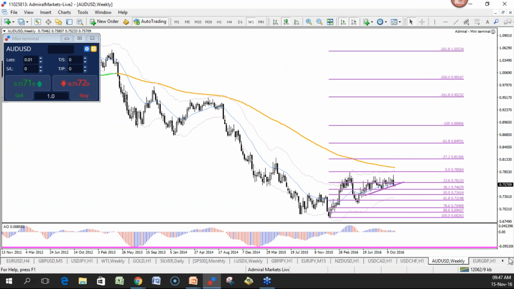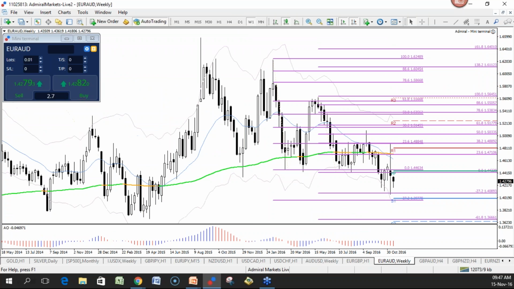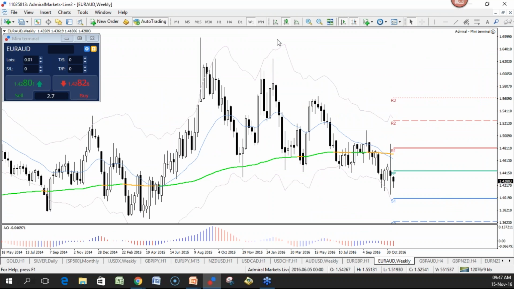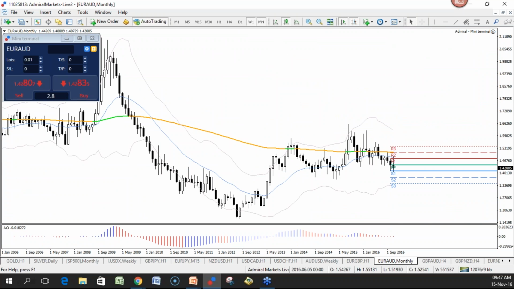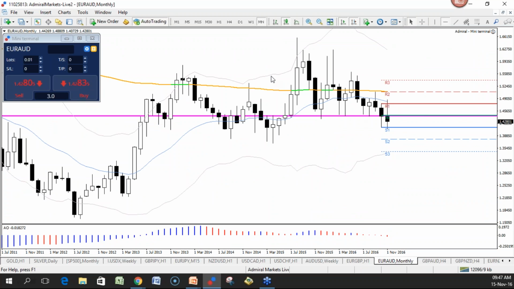We could take a look at the euro AUD. This is the monthly picture. And however you look at it, it's breaking through these bottoms.